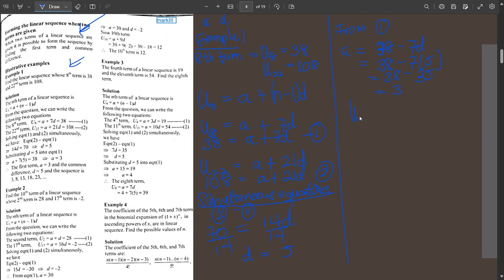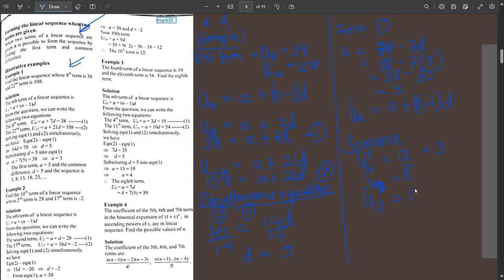So now we have to find at least the first 4 terms. So the first term is a, which is equal to 3. The second term, that will be this plus the common difference, which is 5. So we have 8. The third term, we'll add the common difference again, that's plus 5.